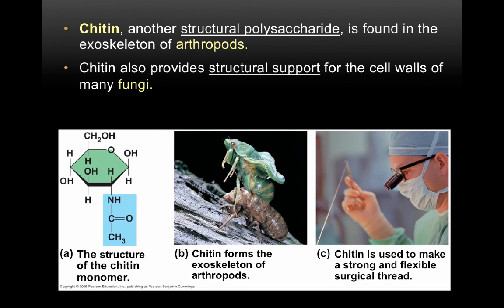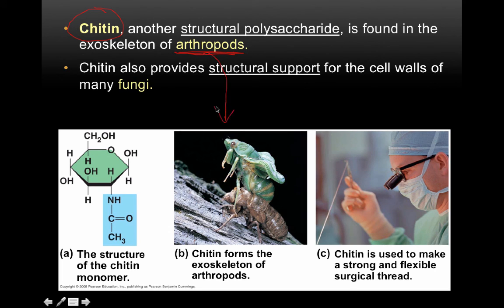Another example of a structural polysaccharide is chitin. Notice how I pronounced chitin? It is not "chitin." Chitin is found in the exoskeleton of arthropods, such as insects, spiders, crustaceans, those organisms that have that hard outer shell, if you will.